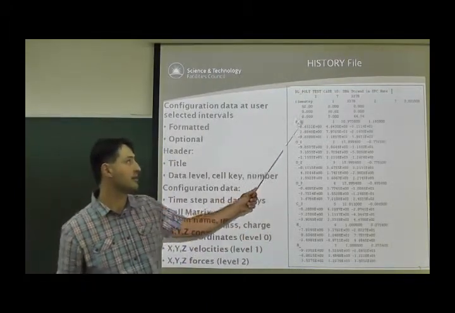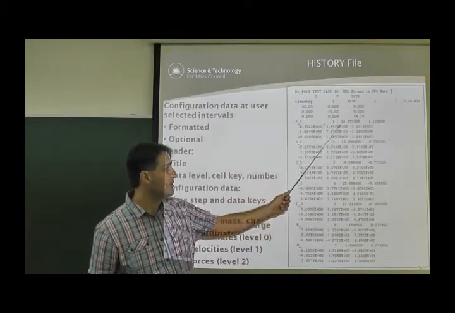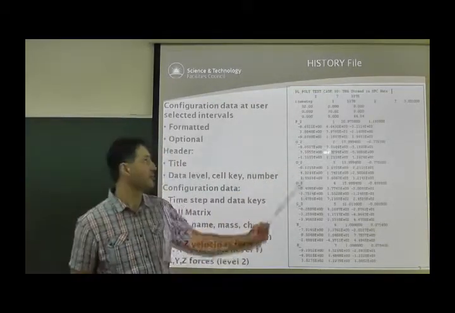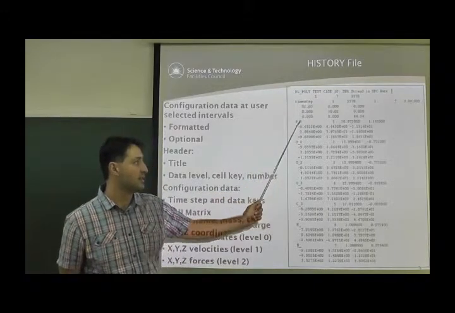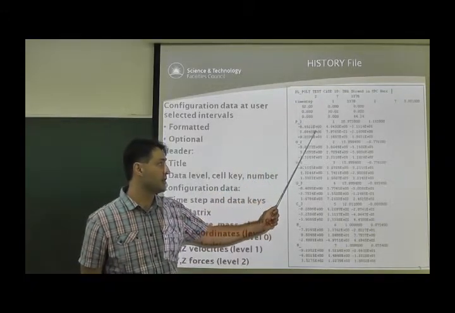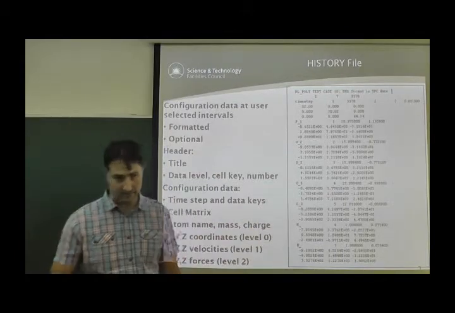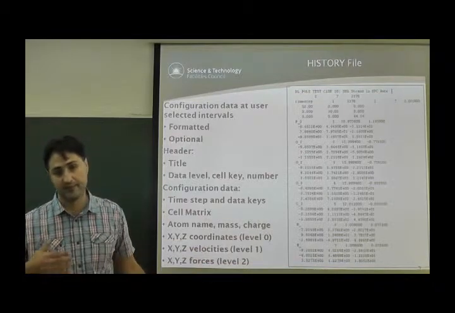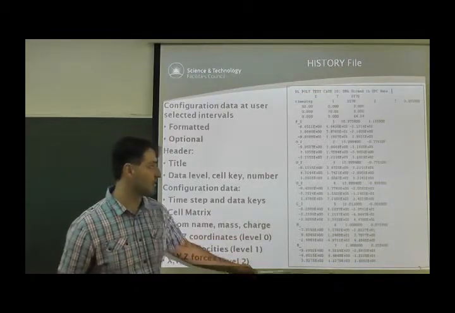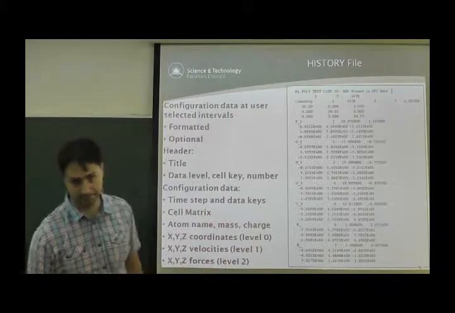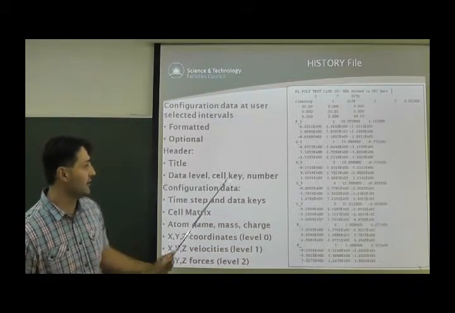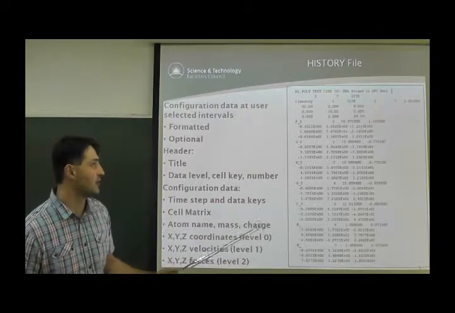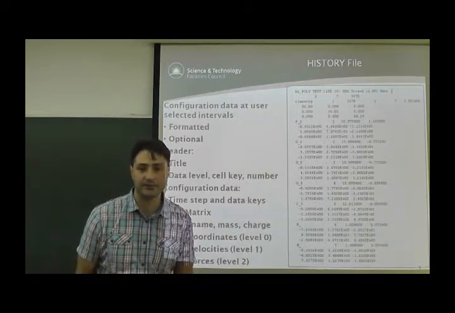So this is the first particle, which has a certain mass and charge, and then it has, depending on what the level information is, the position vector, the velocity vector, and the force vector. And then this is printed for all the particles in the system. The next time frame that needs to be printed is attached right at the bottom at the end of this time frame. Again, all these data have their own units depending on what is the quantity that the data represents.